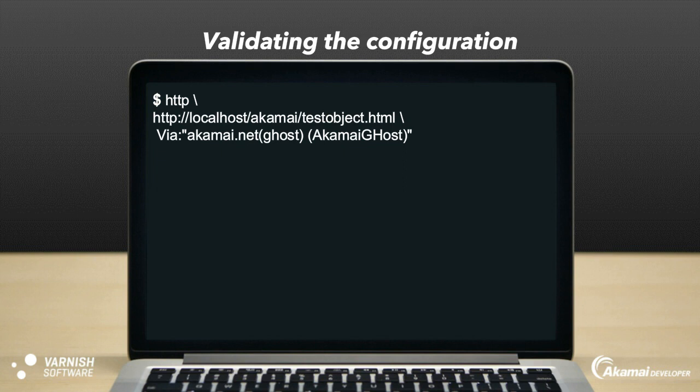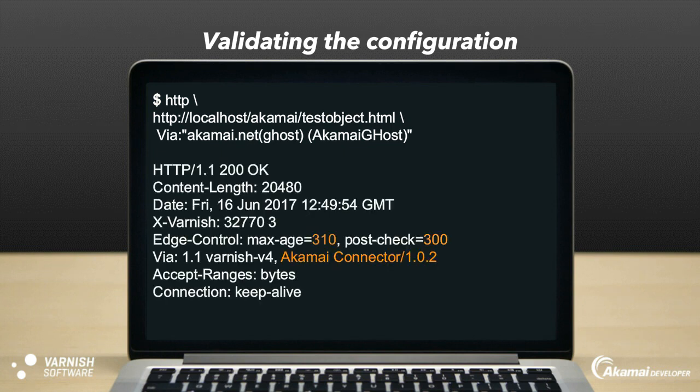This is actually the Akamai SureRoute test object, which is generated synthetically from Varnish, so this request will not actually hit your backend server. We run this, and we verify that we get a 200 response code back, and we also verify that the Via header looks like this. It should say Akamai Connector in there.